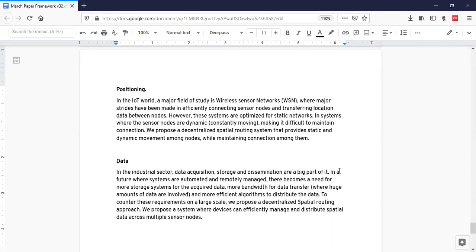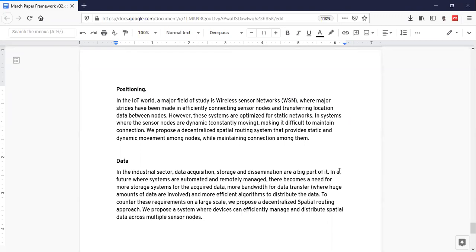Yes. So I tried to separate, like you suggested, the problem statement into two contexts or two scenarios. The first for positioning and the other one for data storage and data dissemination. In the first one, I started with the IoT world.